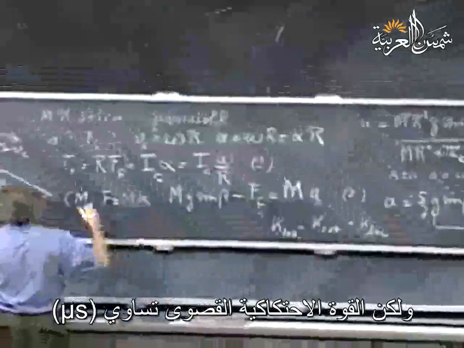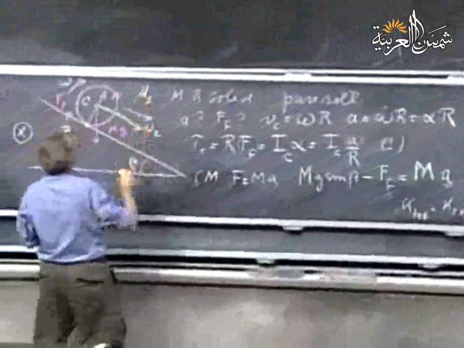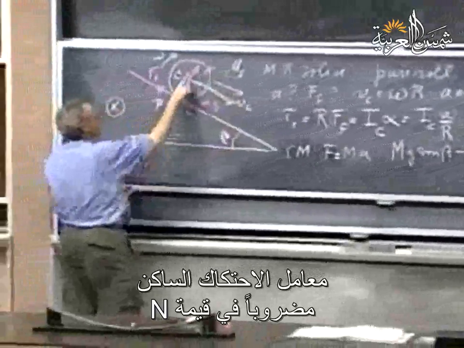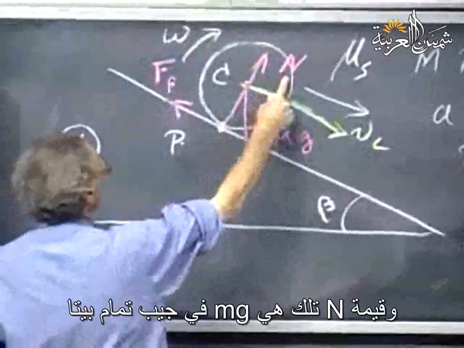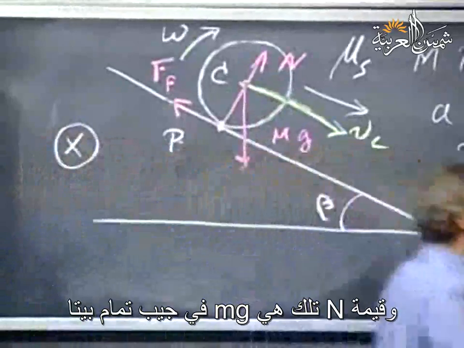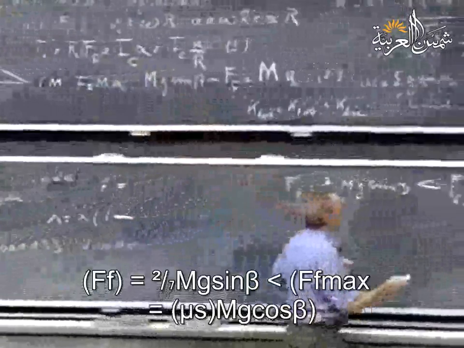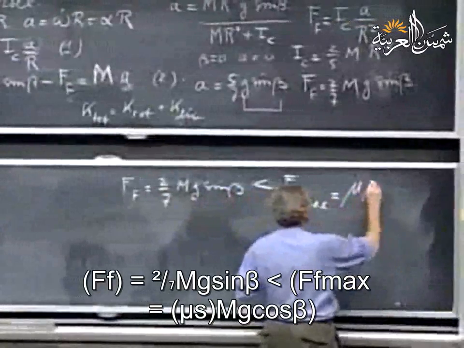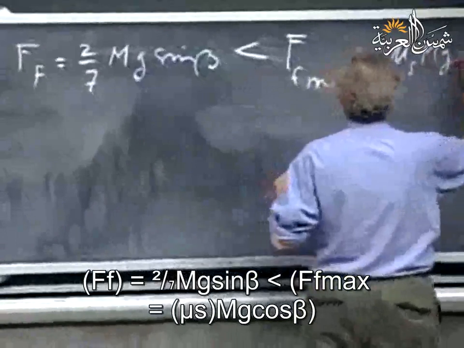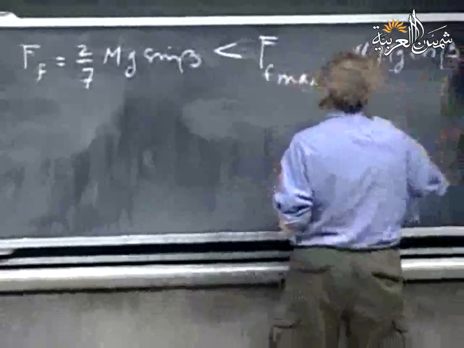But the maximum frictional force is mu s, the static friction coefficient, times this value N. And this value N is mg cosine beta. And so this is mu s times mg cosine beta.